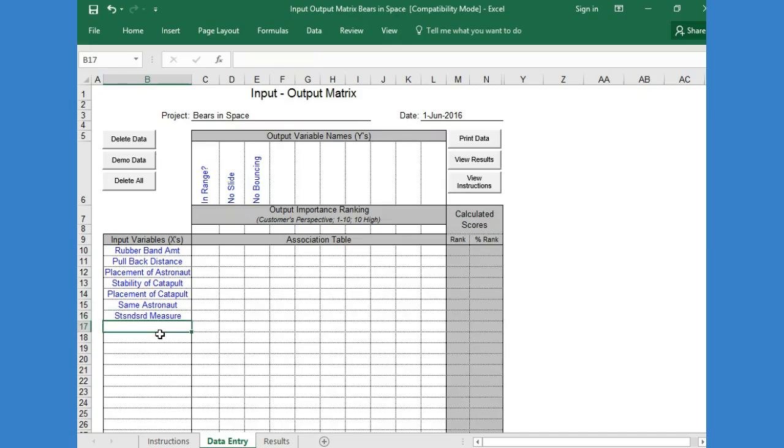Yeah, placement. I have placement of astronaut actually, and stability of catapult, pullback distance. Yeah, placement of catapult. So it's like where and how. So I think we have standardizing the method, which is pullback amount, the amount of rubber band, excuse me, pullback distance.